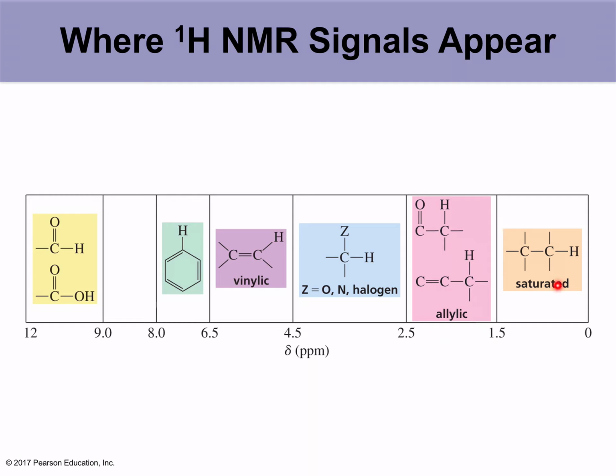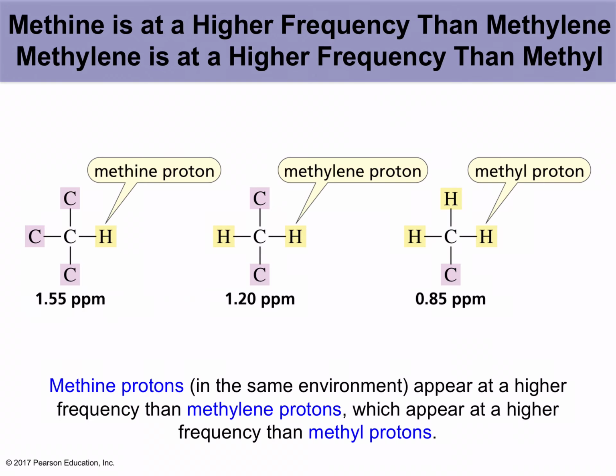And saturated hydrogens like this can go from 0 to 1.5. Now you will see here that the hydrogen is attached to carbon, but depending on what kind of other atoms are attached to it, the chemical shift can change.